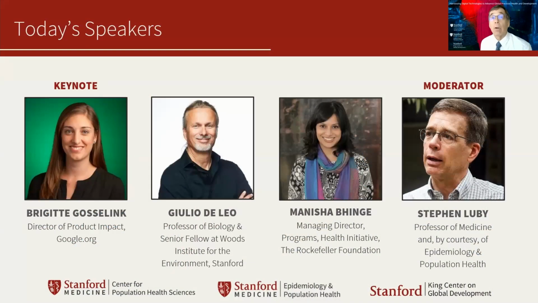Our second panelist is Giulio DeLeo. He is a disease ecologist interested in investigating factors and processes driving the dynamics of coupled natural and human systems, and in using this knowledge to identify levers for health and conservation. That is, ecological interventions that can improve human well-being and the health of the environment that underpins it.